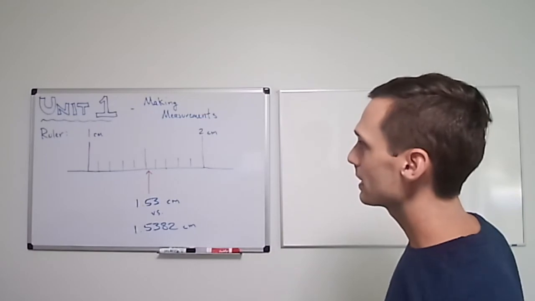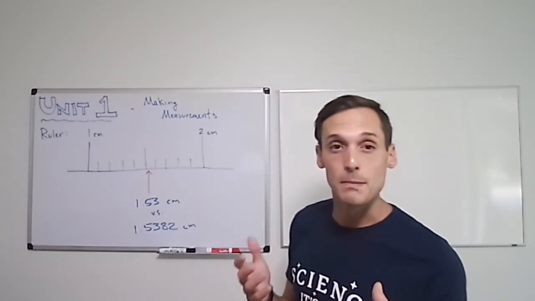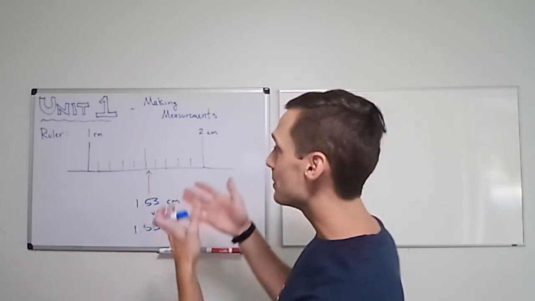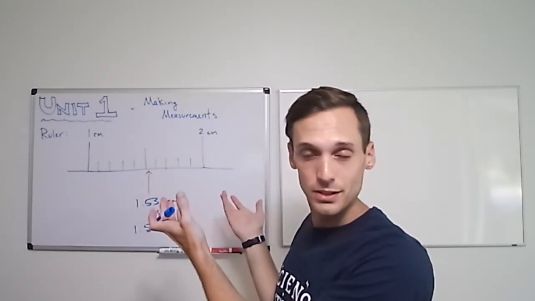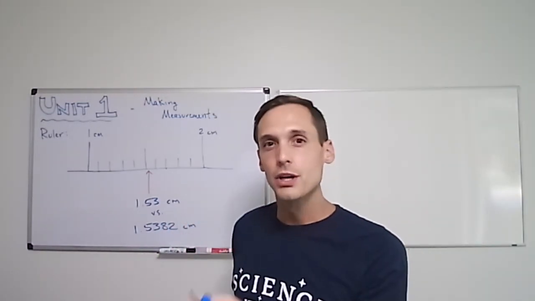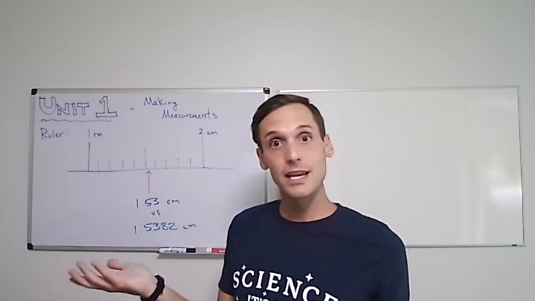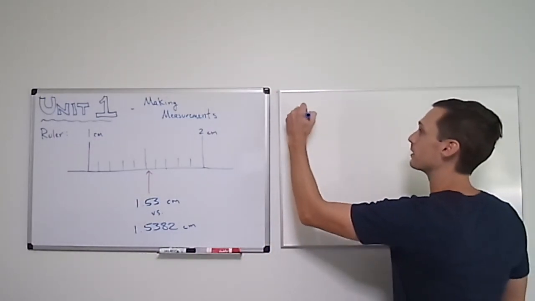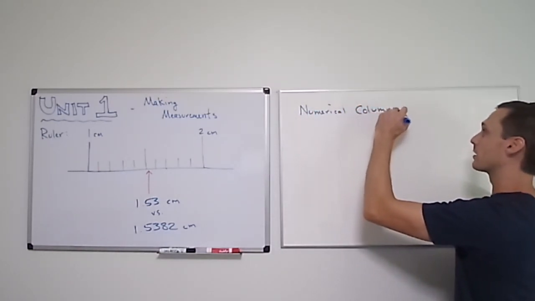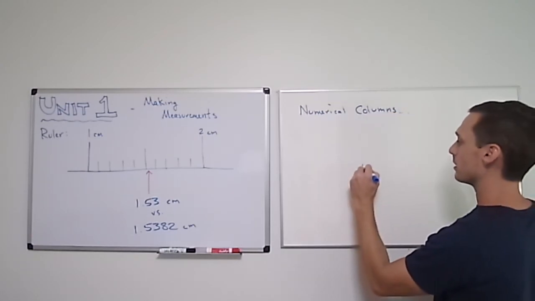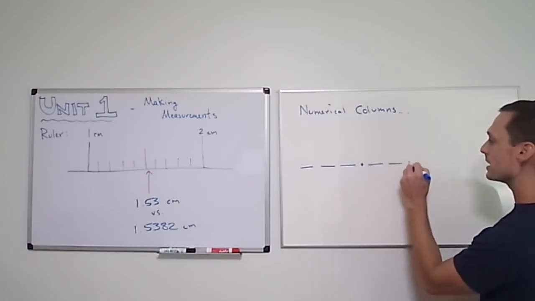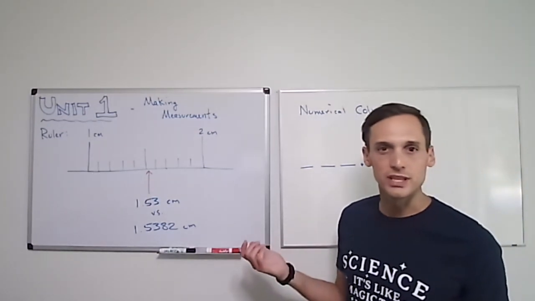The first thing that you need to be able to do to make correct measurements is to read your measuring device. You need to know what it's labeled to. What I mean by that is what numerical column your measuring device is labeled to. If you think about your numerical columns, if we have our decimal point here and then there are numbers in front and behind the decimal, you know these names, right?